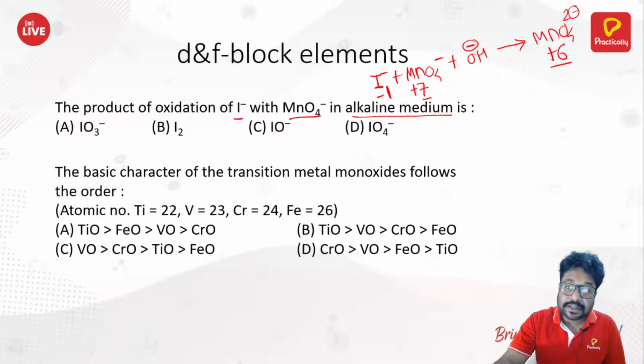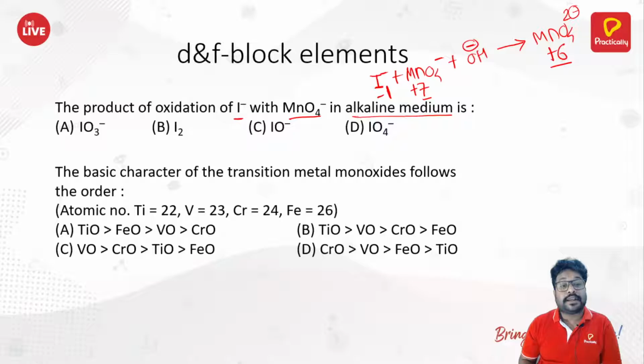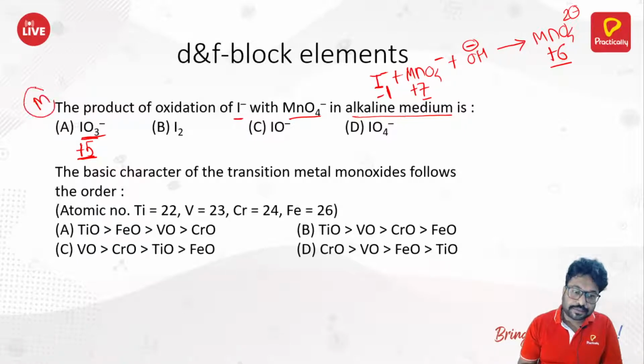But it doesn't get oxidized to that level only. It gets oxidized further to +5, IO3 1 minus. Iodine gets oxidized to +5 oxidation state in a basic medium when you have permanganate ion with it. This is again a memory based question.